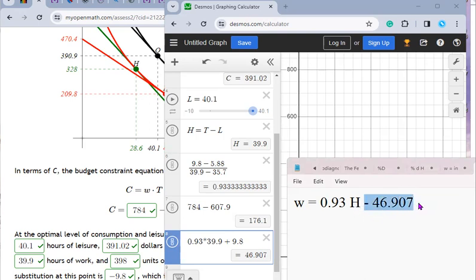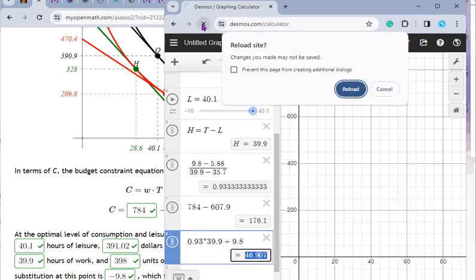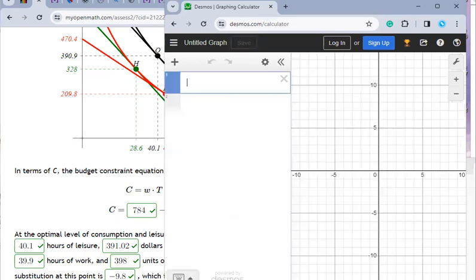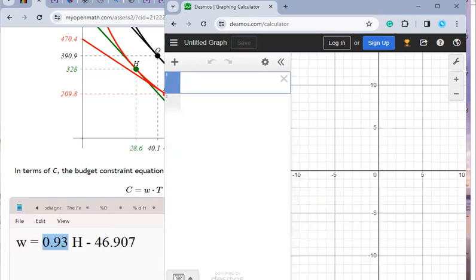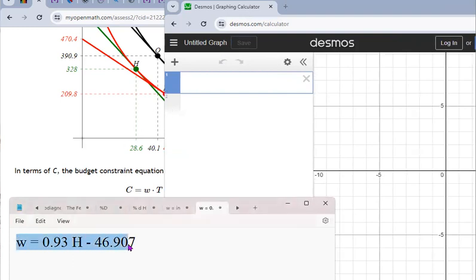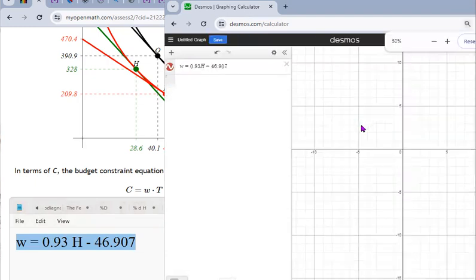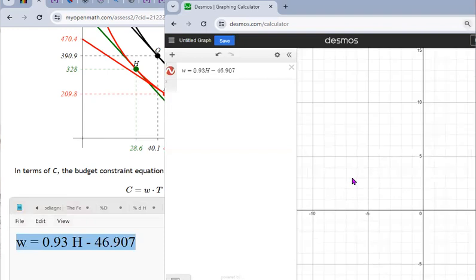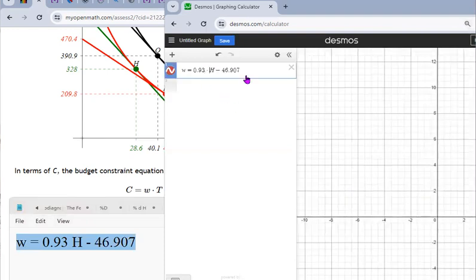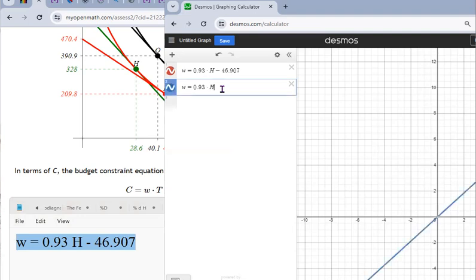So the intercept is negative. The slope is positive. And so if I reload this, I can actually graph the labor supply curve that we just derived. W equals 0.93 times H minus 46.907.